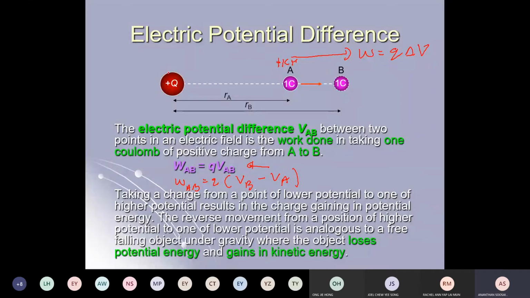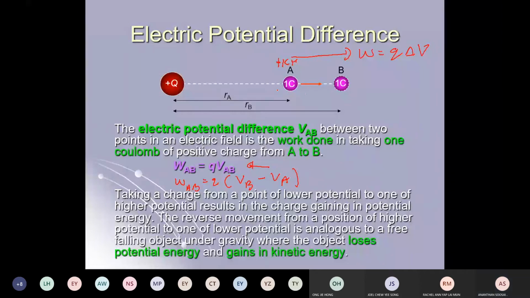To move from A to B, tell me, is VB greater or VA greater? The center charge is positive Q. The test charge is also positive one coulomb. To move from A to B, is the potential at B greater or the potential at A greater? In terms of positiveness, which is more positive?